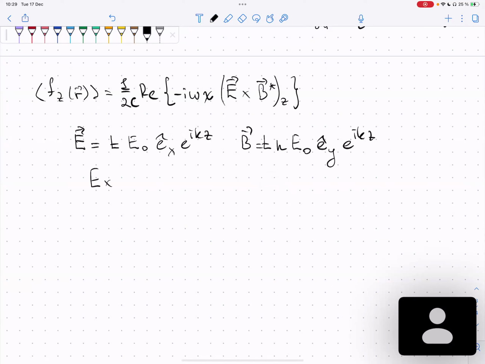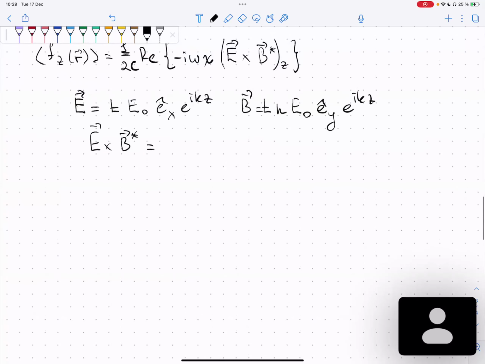So E times B conjugated will be equal to modulus of t squared, modulus of E0 squared, multiplied by the complex conjugate of the complex refractive index, and we will also have the following expression: i k z minus i k conjugated z.